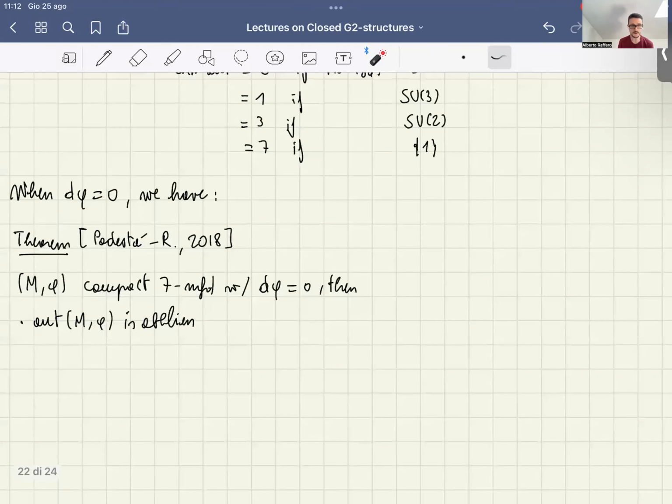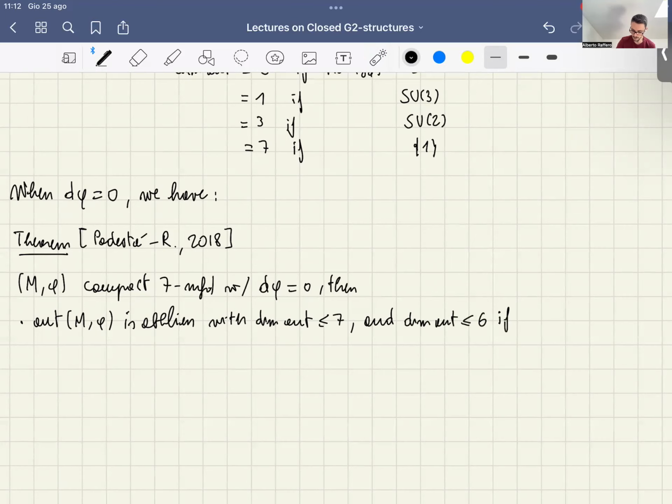So the Lie algebra of the automorphism group is abelian with dimension bounded above by 7. And moreover, dimension bounded above by 6 if phi is closed but not co-closed. So if phi is not torsion-free.